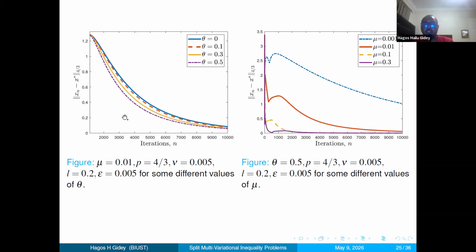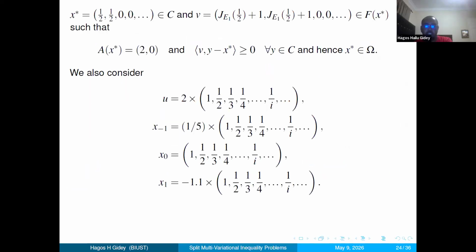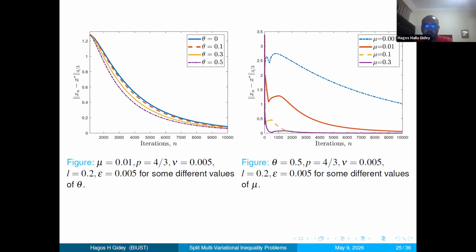You can see the error converges to 0. That means Xn converges to X star, where our X star is this solution set. Therefore, it converges to the solution set.